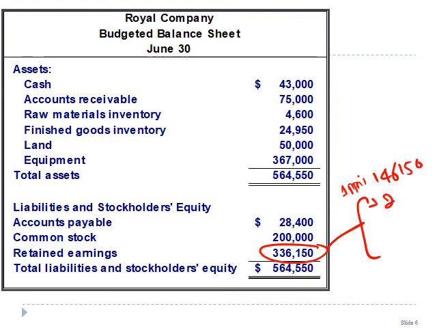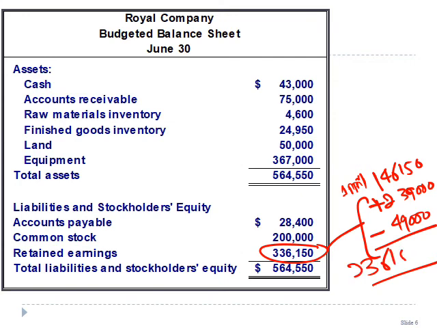We have net income of 239,000, and in the cash budget we have written down that we have paid a dividend of 49,000. So this amount is 336,150, right? So that's how this amount came about.